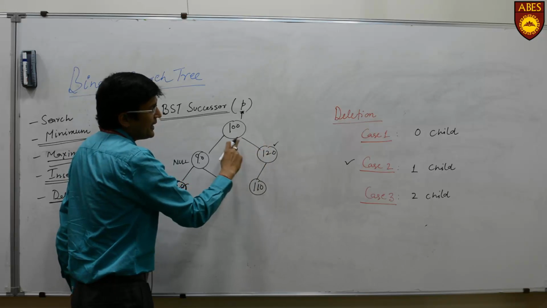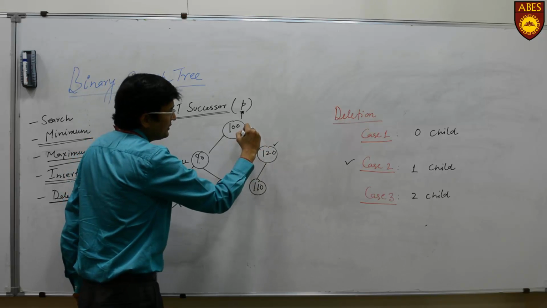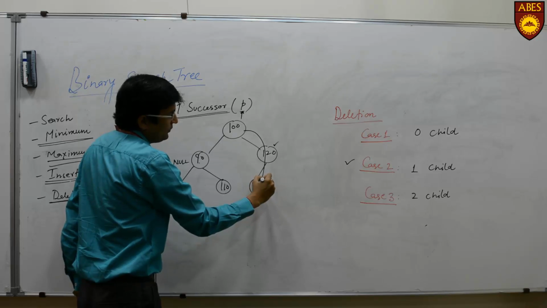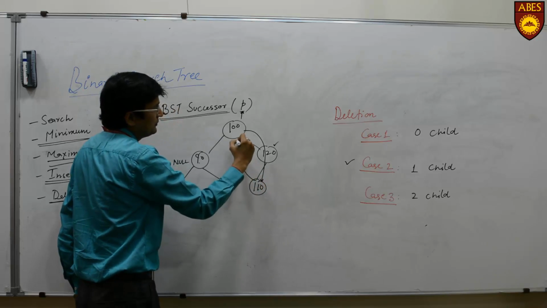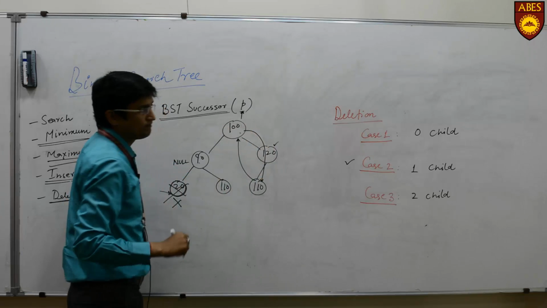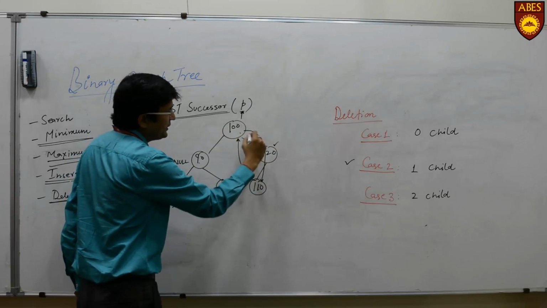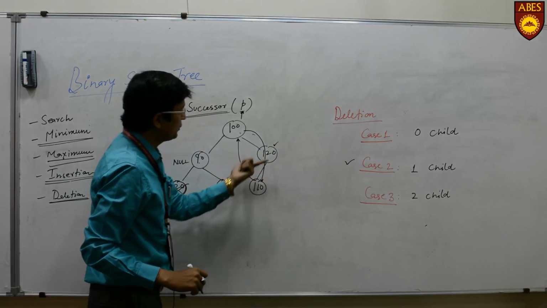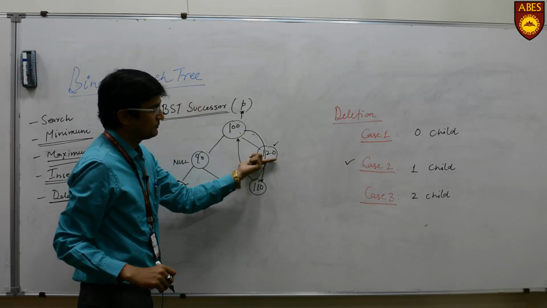If 120 is the right child of its parent, in that case, we will set right of its parent to this node and father of this node to the father of this node earlier. So now we need to make these two adjustments for the deletion by case 2, which is that the node which is to be deleted has one child.